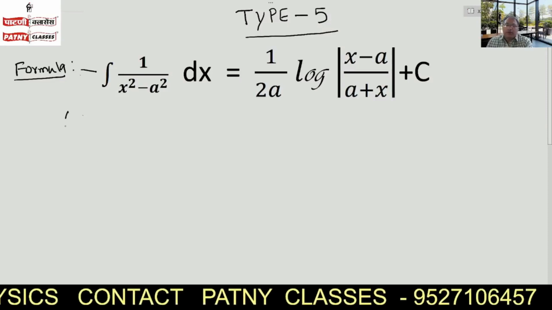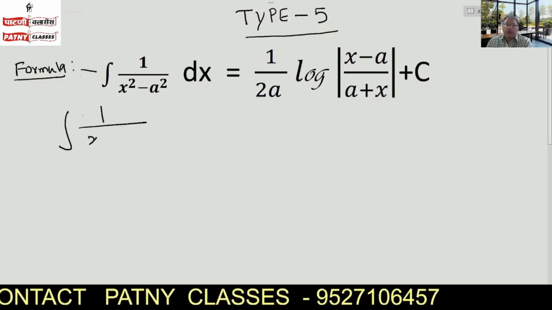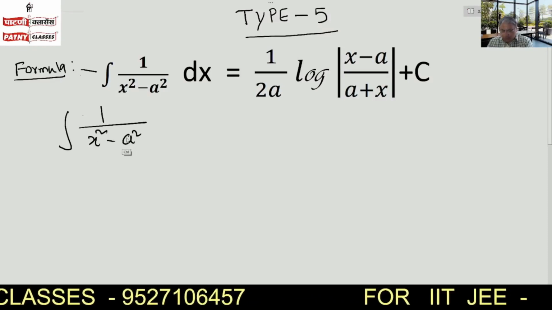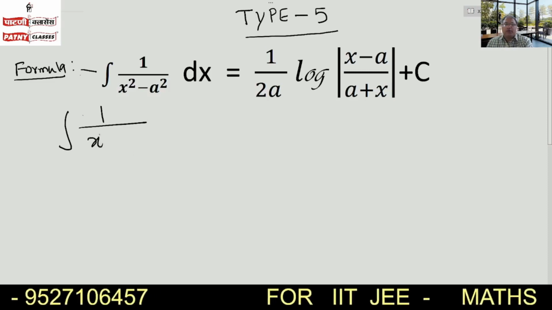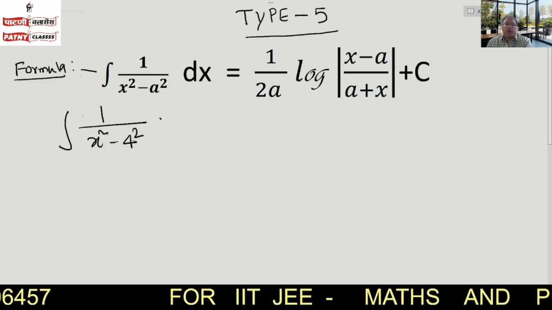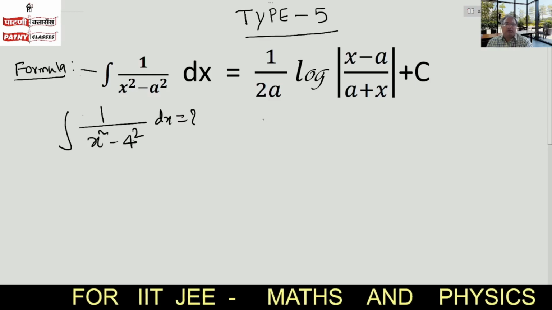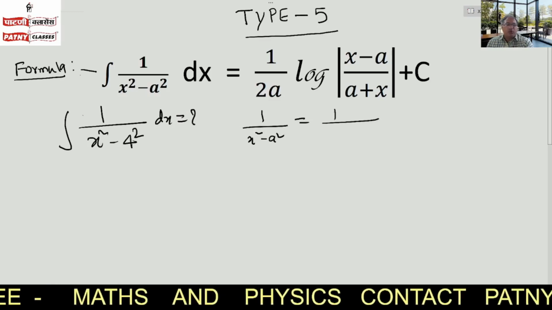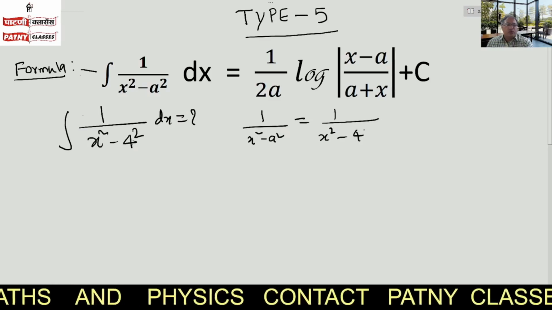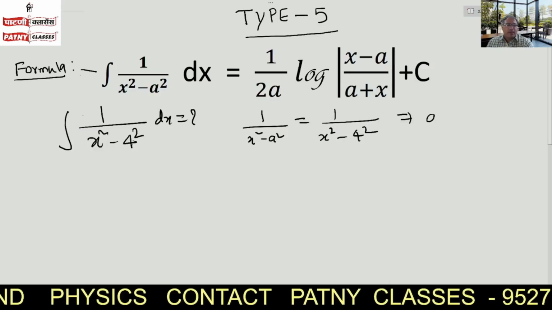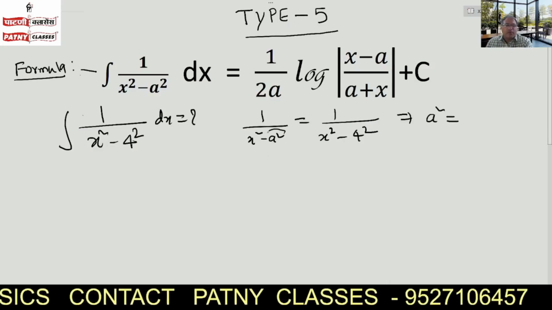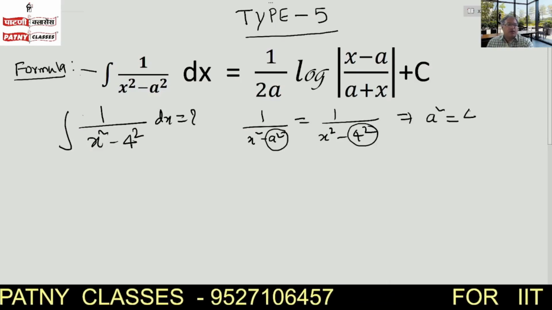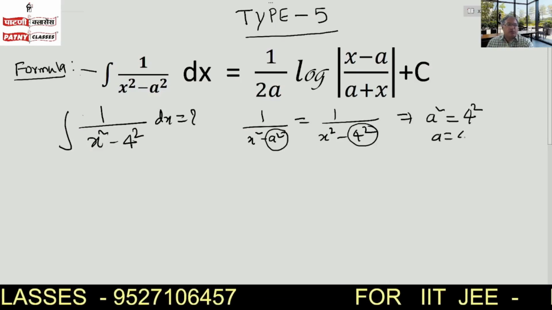Next example, integration of 1 upon x square minus a square type. In place of a, suppose x square minus 4 square with respect to x equals how much? Comparing with x square minus a square, 1 upon x square minus 4 square, implies, comparing the respective terms, a square is equal to 4 square, therefore a equals 4.